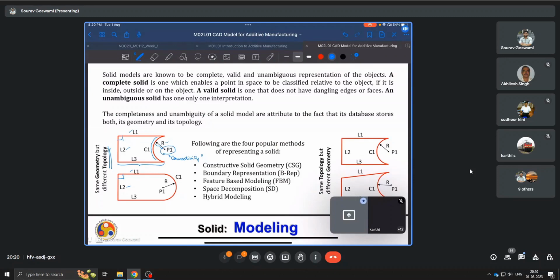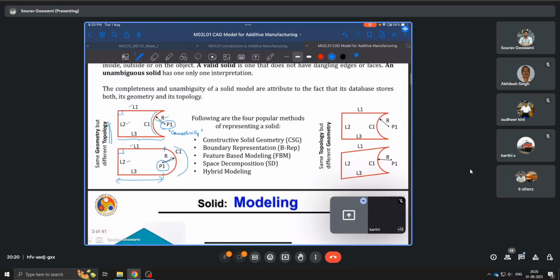The center of this arc lies outside, whereas in this case it lies inside. So that is changing the topology because they might have the same geometrical features, as in same dimensions of the straight lines, same length of the curve, even same radius of the arc, but because they're connected differently, their topology changes.